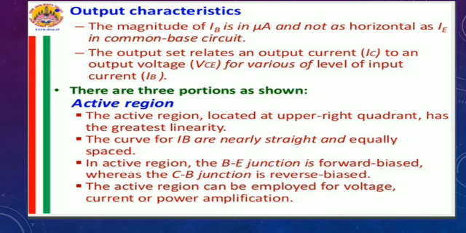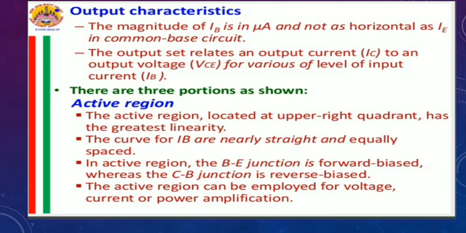Now there are three portions shown in the figure. The first region is the active region, the second region is the saturation region, and another one is the cutoff region. Yes, I'll show you the graph, then only you will understand. Now first, the active region. The active region, located at the upper right quadrant, has the greatest linearity.